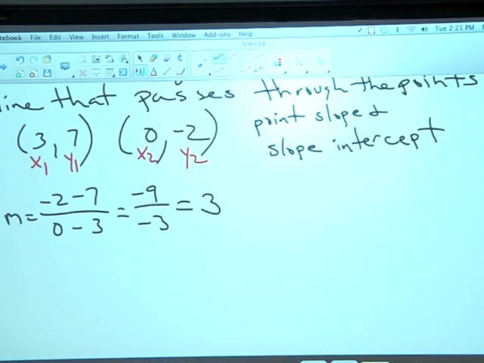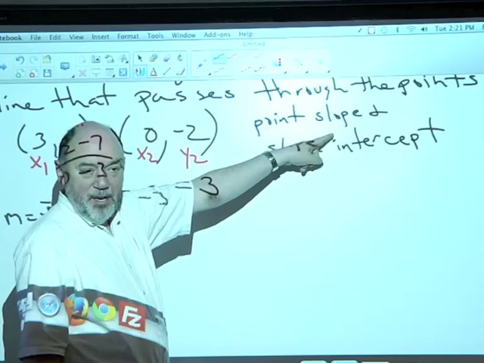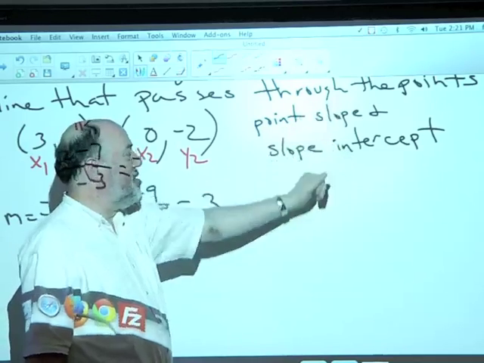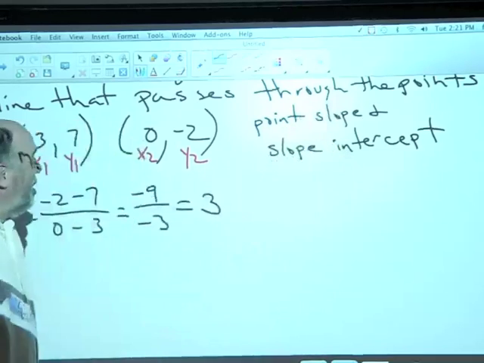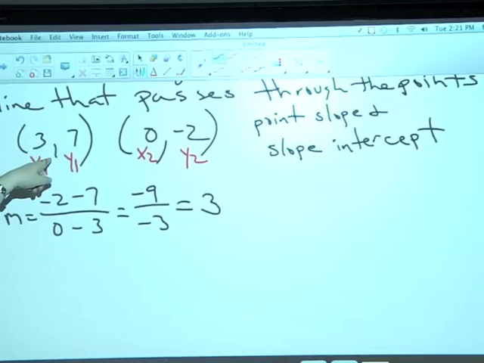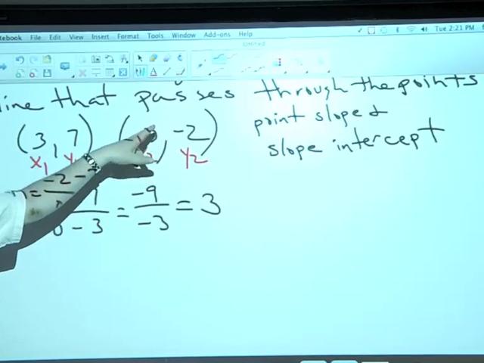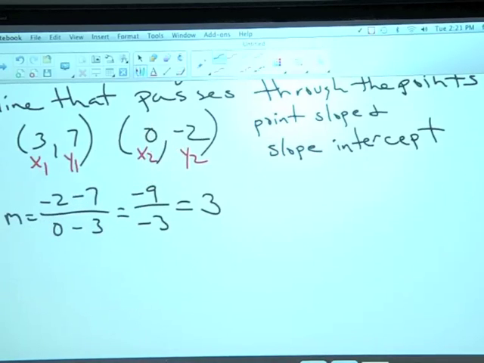So what I'm going to do now is first get the equation in this form, and then get the equation in this form. Well, I know this is the slope. I know that this point is on the line. I also know that that point is on the line. After all, I got 2 points that we were given.